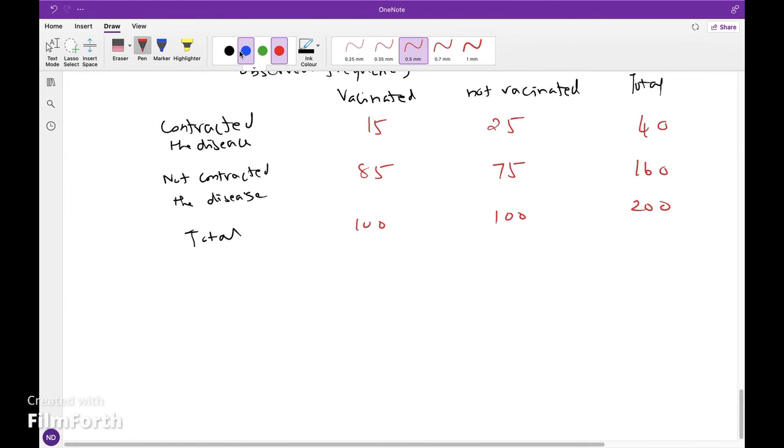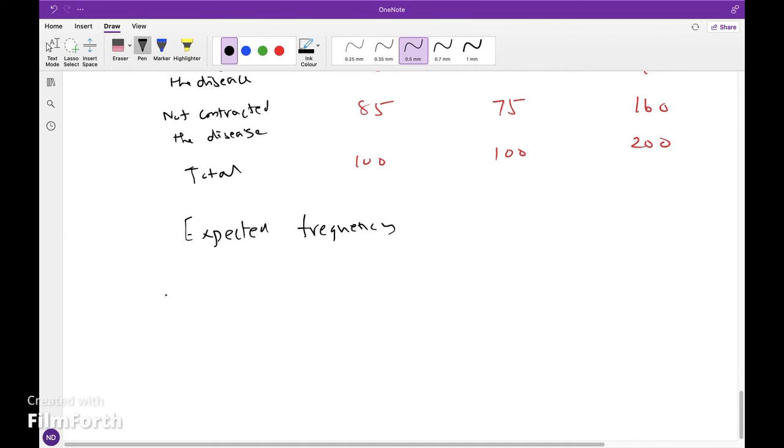Now the expected frequency. Contracted the disease, not contracted the disease.